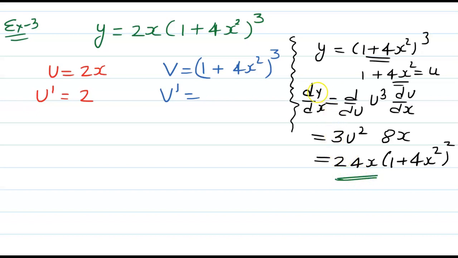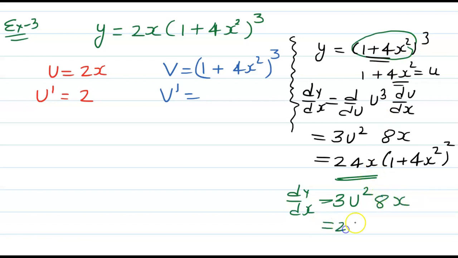Yeah, but there is another shortcut way. If you see, this is u and u to the power 3, so what will be dy over dx here? U to the power 3, immediately you write down 3u squared. We know u is 1 plus 4x squared, and you just differentiate it. The differentiation of 1 is 0 and 4 times 2 is 8x, so that is 24x, and u squared, and u is 1 plus 4x squared, to the power 2.